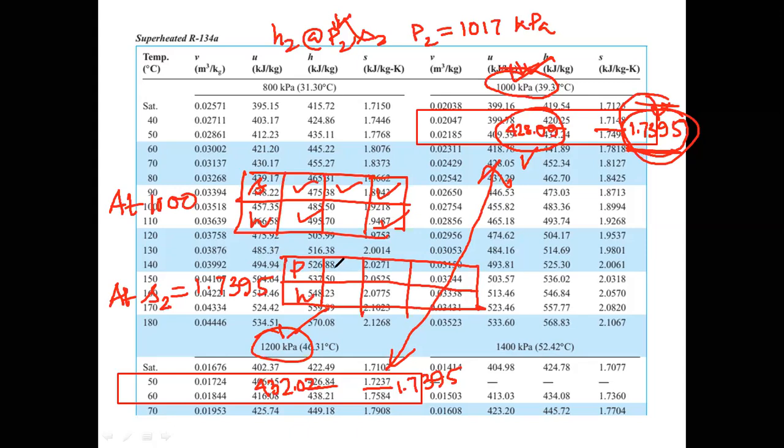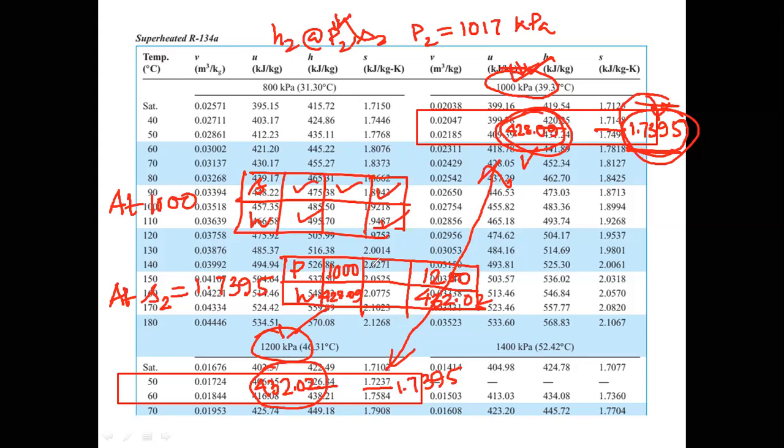So here pressure is known. First pressure is 1000. The last pressure is 1200. Corresponding enthalpy value at 1000 we have noted 428.09. At 1200 kilopascal, the enthalpy value is 432.02.